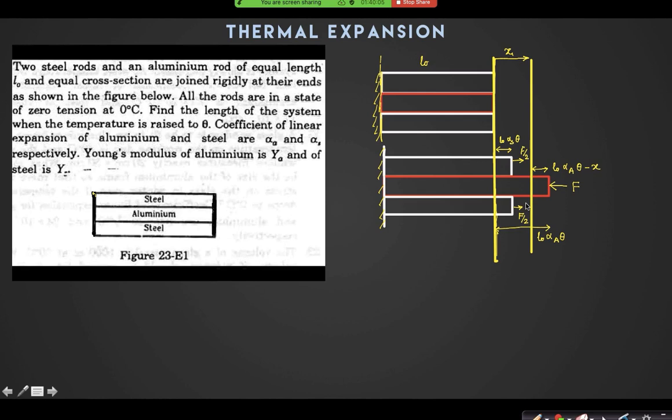The net force on the strip should be 0. So these two forces will be in the forward direction, and due to this force, the elongation of this is X minus this one.